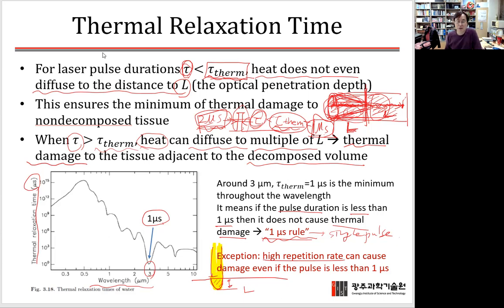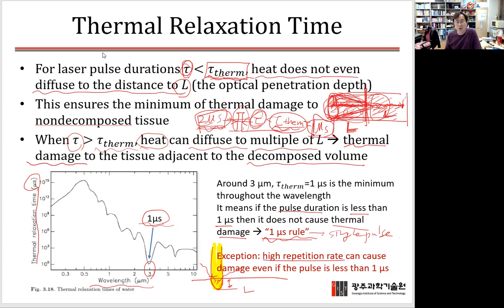So if the pulse duration is shorter than the thermal relaxation time, in this case for water 3 microsecond, for the 1 microsecond, if the pulse duration is less than 1 microsecond, then only this tissue part will be decomposed and gone.